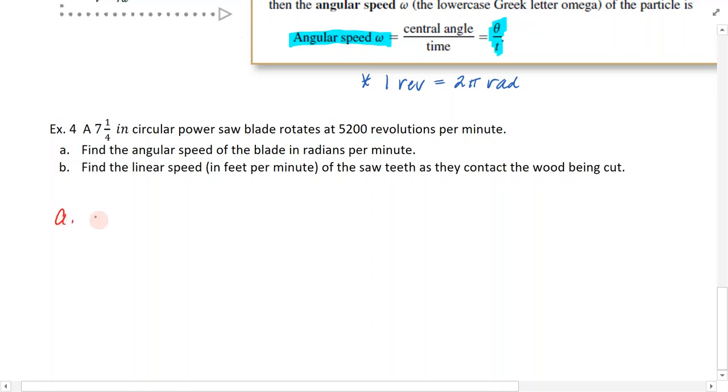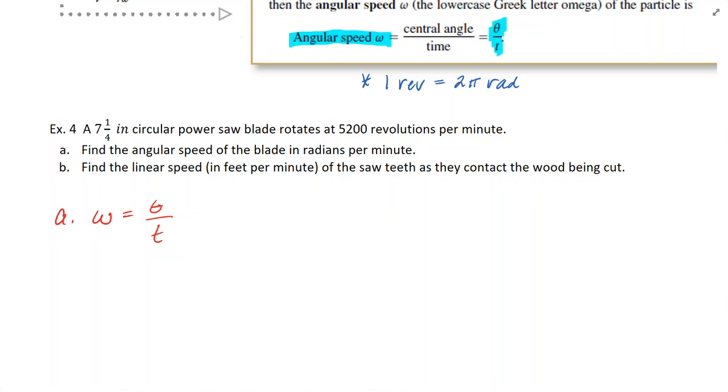Remember, we defined angular speed as theta over time, where we had some sort of angle change with respect to time. Now, the only angle change that we have going on, in reference to theta, has to do with this 5,200 revolutions per minute. So what am I going to do with that?